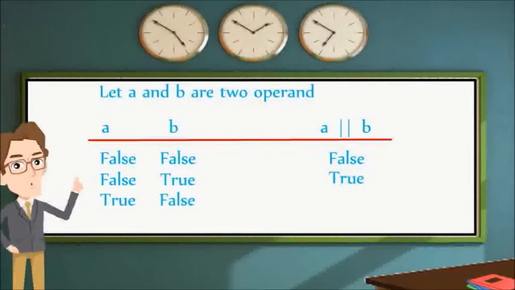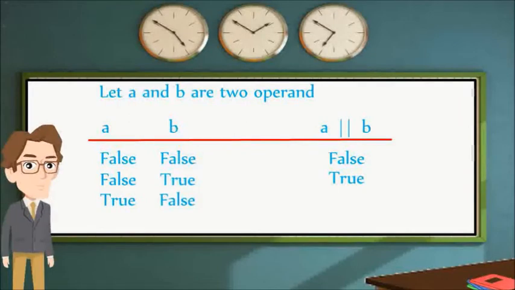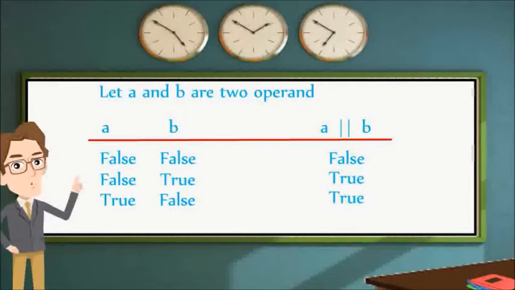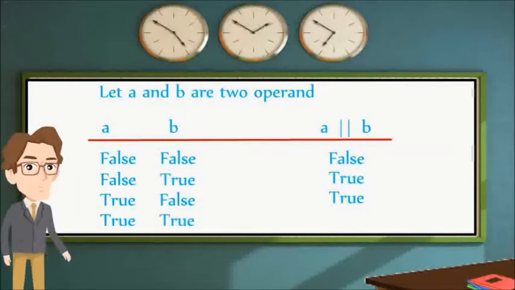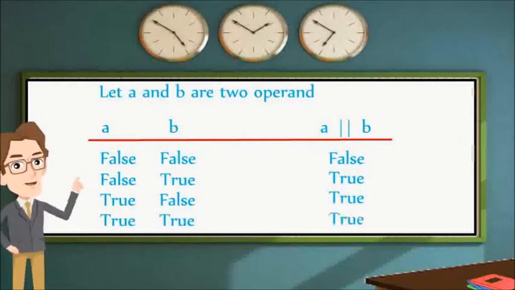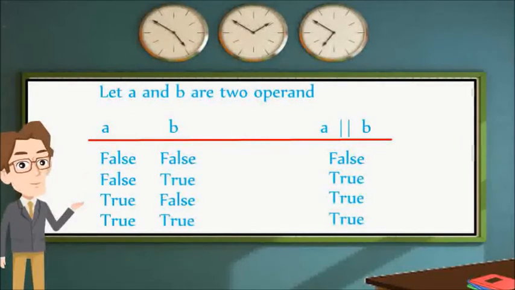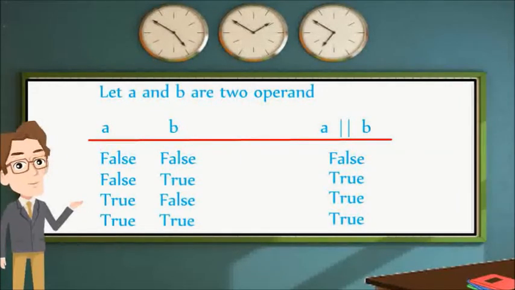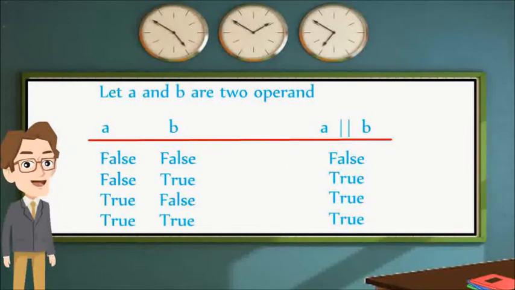Third case, if a is true and b is false, then a OR b returns true. In the last case, when both a and b are true, then a OR b returns true. So the OR operator returns false only when both operands are false.